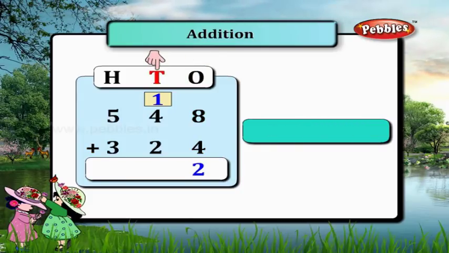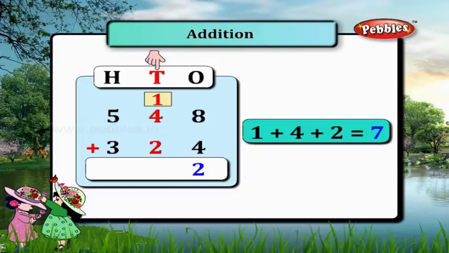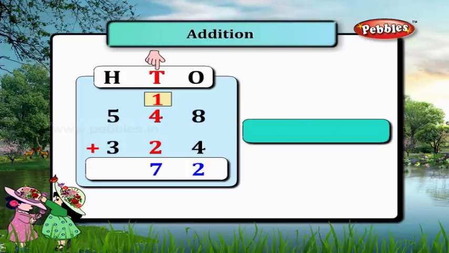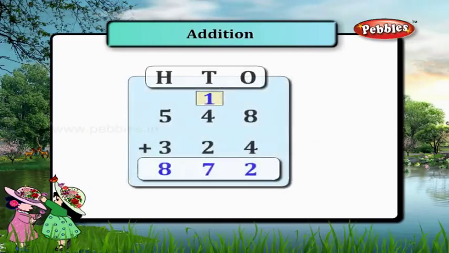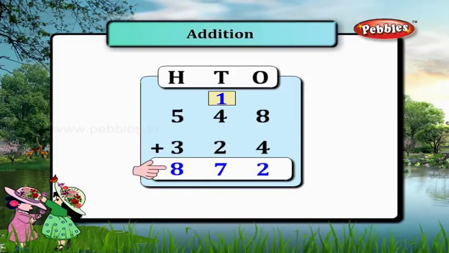Add the tens. 1 plus 4 plus 2 equal to 7. Add the hundreds. 5 plus 3 is equal to 8. And the total is 872.